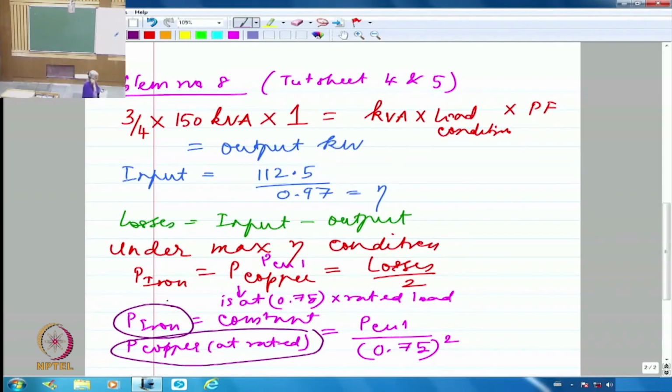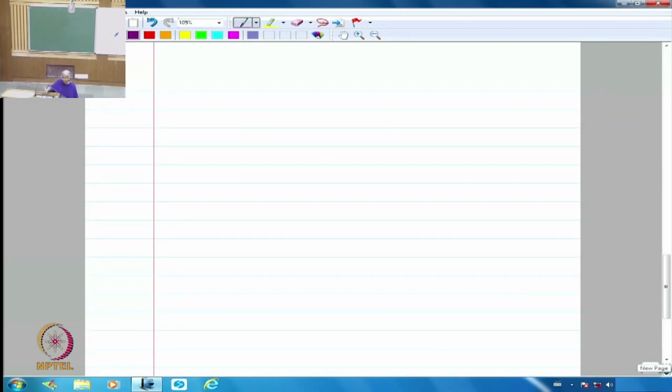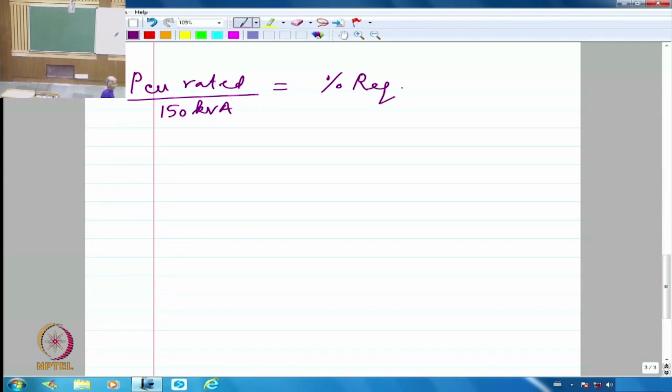Right? What is being asked next? If the impedance is 10%, calculate the regulation at full load for power factor 0.8 lagging. What I have got is rated copper loss. If I have got rated copper loss, what we wrote just some time ago for per unit measurement, I should say P copper rated divided by 150 kVA will actually give me percentage R equivalent. Am I right?